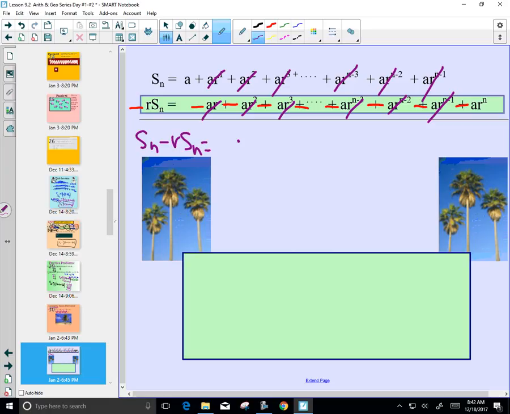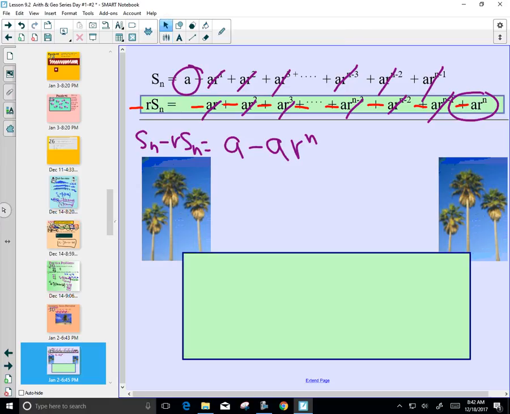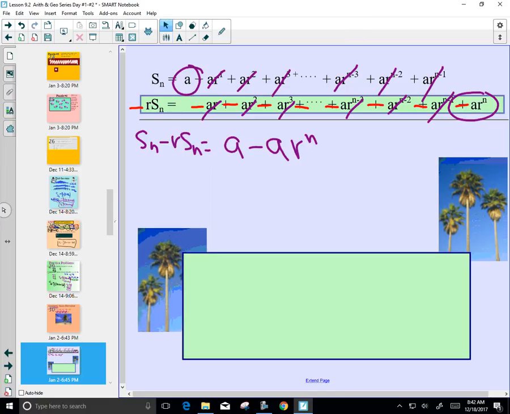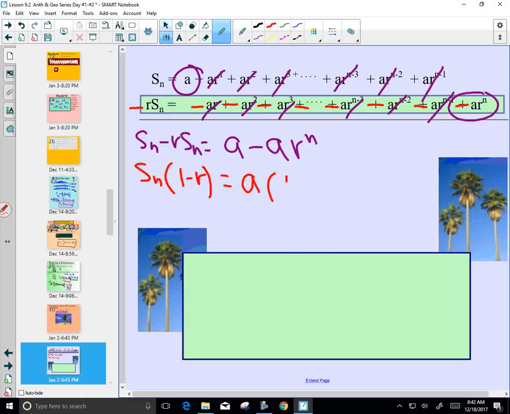and then you're left with the sum of n minus r times the sum of n, and then it's going to be a minus ar to the n. Almost done. Almost, almost, almost. So now I'm going to take out an s sub n, leaving 1 minus r. I'm going to take out an a. I'm going to get 1 minus r to the n.